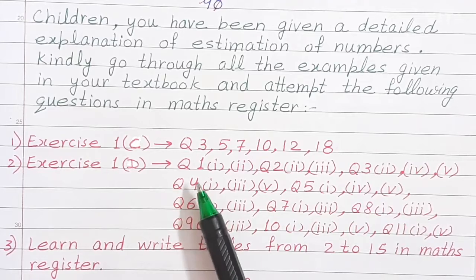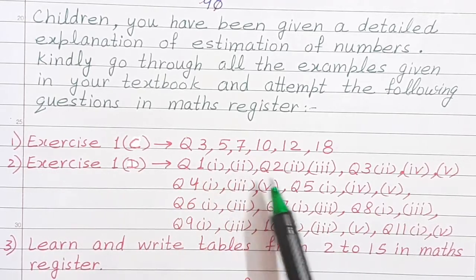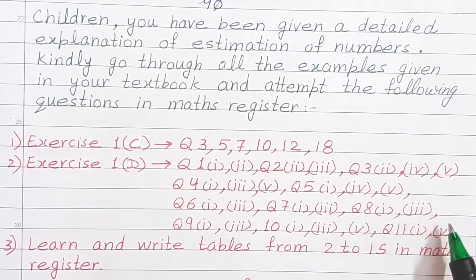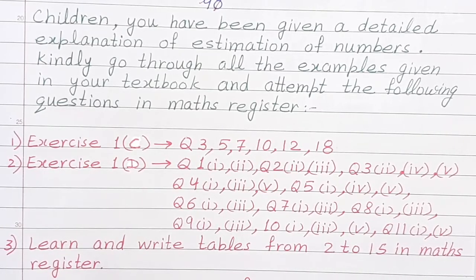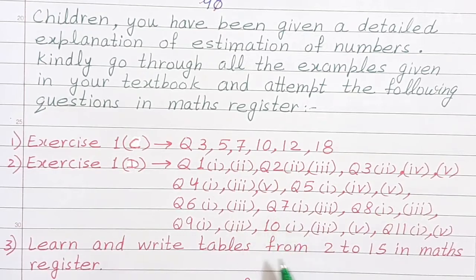Do all the given parts in your maths register, and the remaining parts you can practice in your rough register. Clear? The most important homework is to learn and write tables from 2 to 15 in your maths register. That means you have to learn them as well as write them in your register.